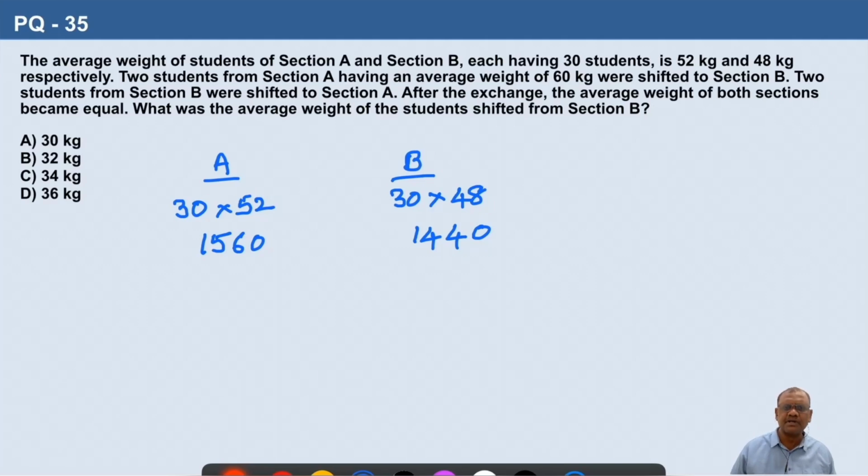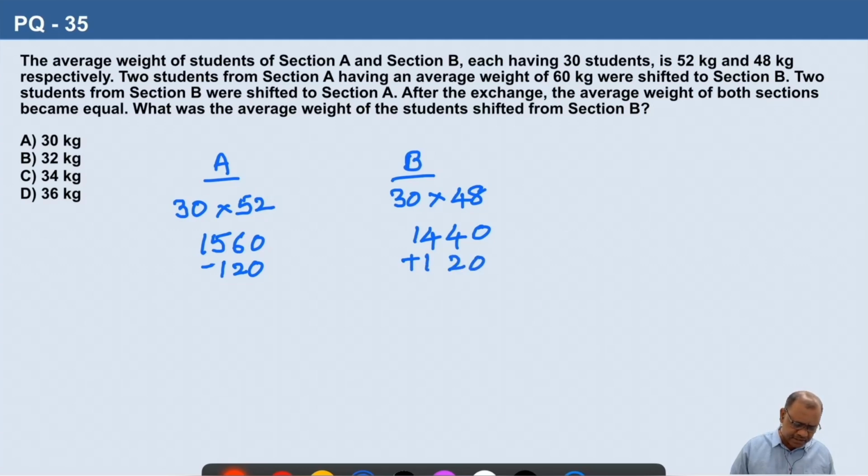This is the sum of the weights of the students in section A and section B. Next, two students from section A having an average weight of 60 kg, that means a total of 60 into 2, 120 kg, were shifted to section B. So subtract here, add here.